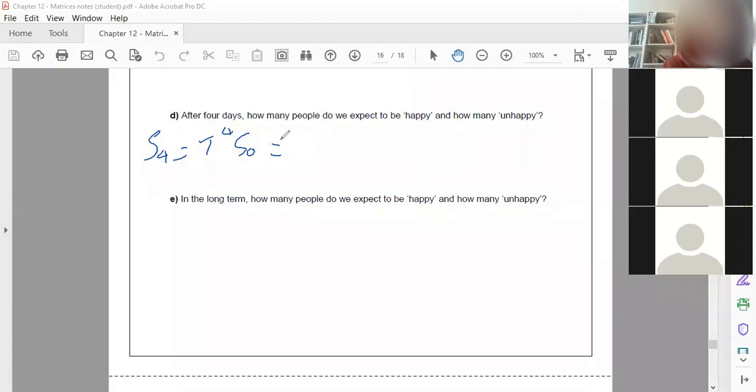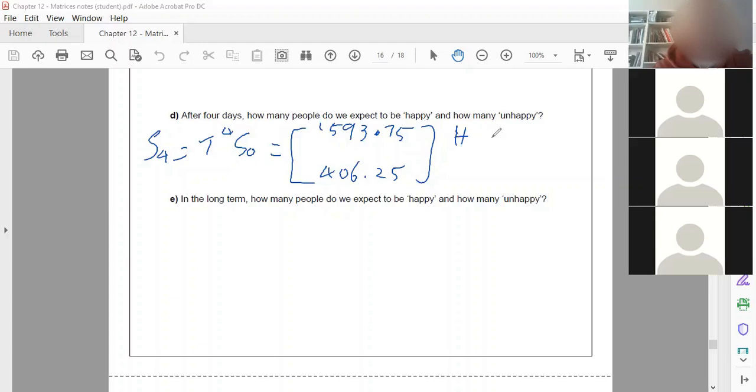To the power of 4, enter, and I get 1593.75 and 406.25, which means happy, remember we have to round, 1,594, unhappy, 406, and if you add them up, it still gives you 2,000 people.